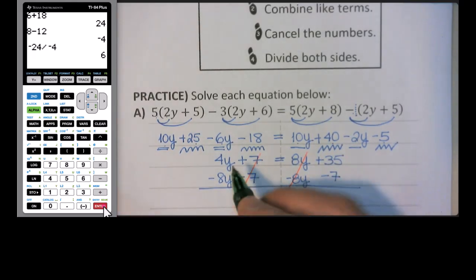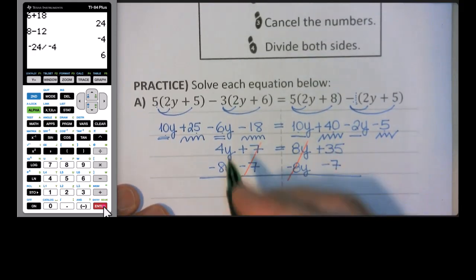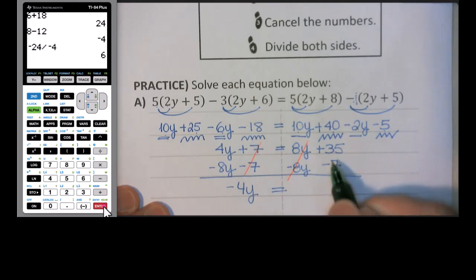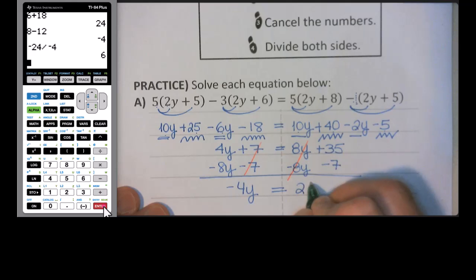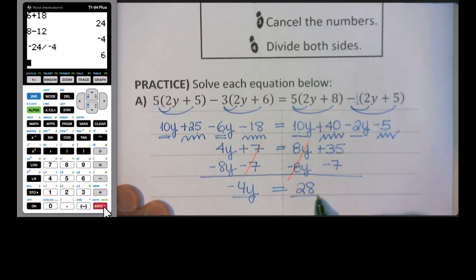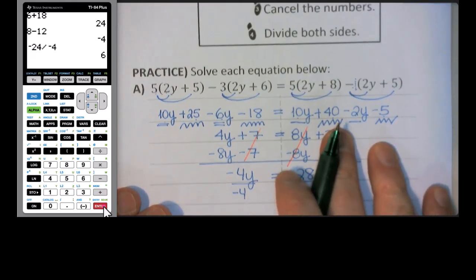So let's see what we get. 4 minus 8 is negative 4y, and 35 minus 7 is 28. The last step is to divide both sides by the number next to the letter. So in this case, we would divide by negative 4 on both sides.